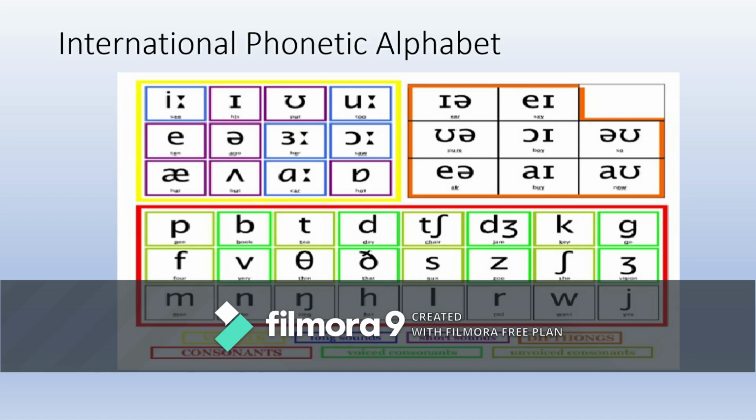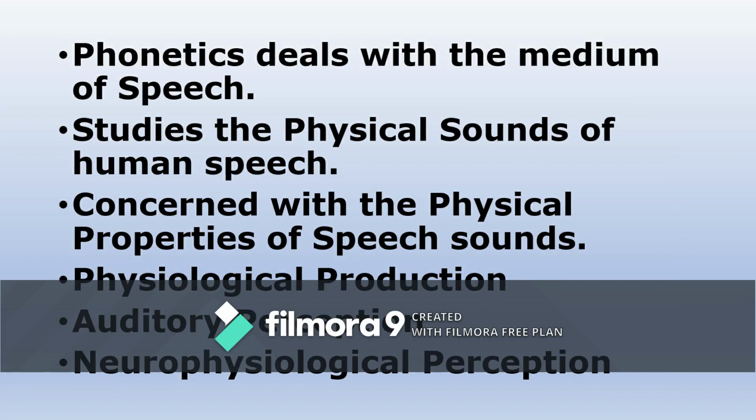Phonetics is concerned with the physical properties of speech sounds and the processes of their physiological production, auditory perception, and neurological perception. So, phonetics can be best explained by the production or the identity of speech sounds.